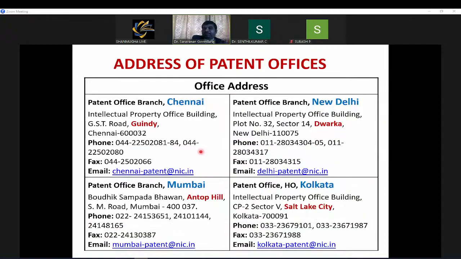And this is the postal address, phone and mobile numbers, fax and official email IDs of each branch office and head office of the patent offices.